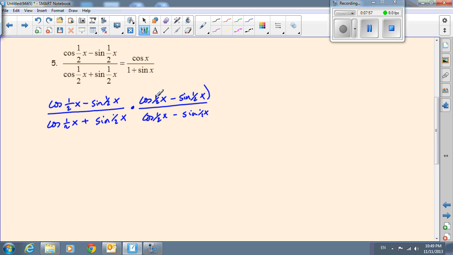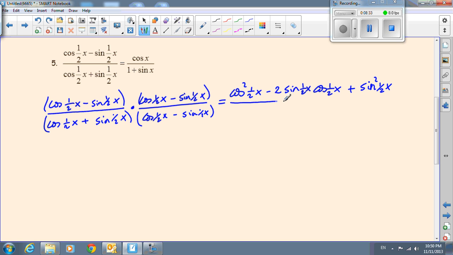And here I'm doing multiplication. Note that I'm doing it because I have a fraction, and a single fraction, as I mentioned before, always work with a conjugate. But I will say this is equal to, if I distribute this, cosine squared of 1/2 x minus 2 times the sine of 1/2 x times the cosine of 1/2 x plus the sine squared of 1/2 x.